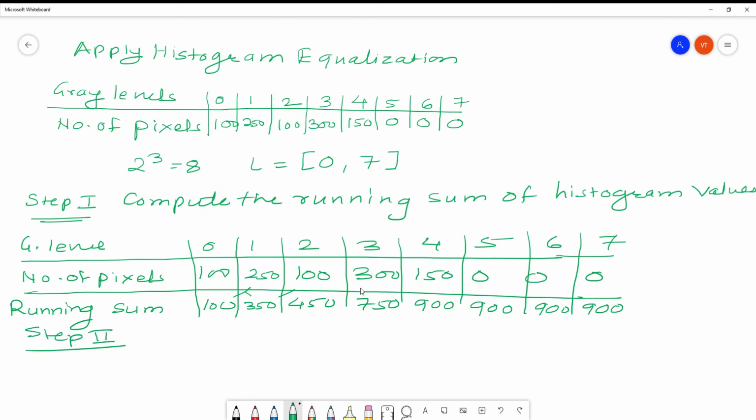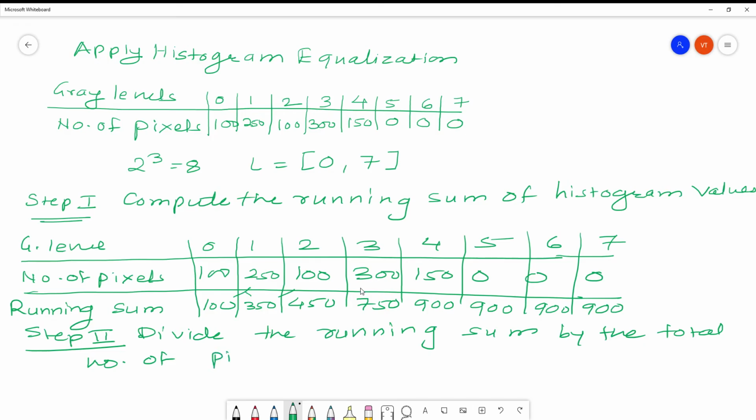Step 2 is divide the running sum obtained in step number 1 by the total number of pixels. So how many pixels are there?